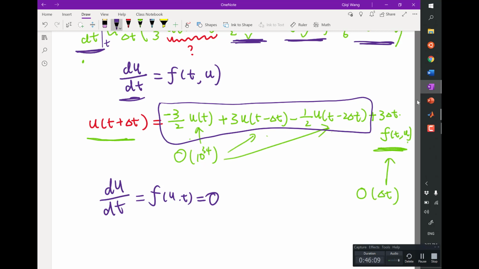So what's wrong with these three numbers? How do I know these three numbers are going to get me problems, while the midpoint rule is not going to give us any problems? Yeah, what's wrong with these three numbers?